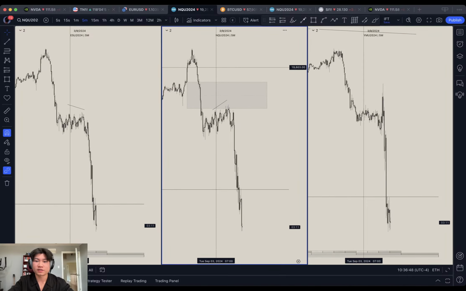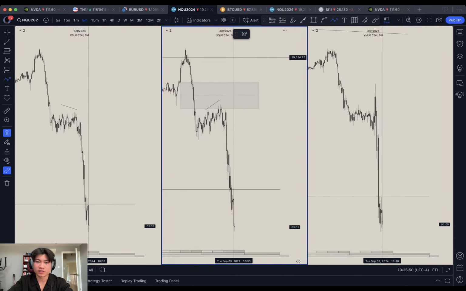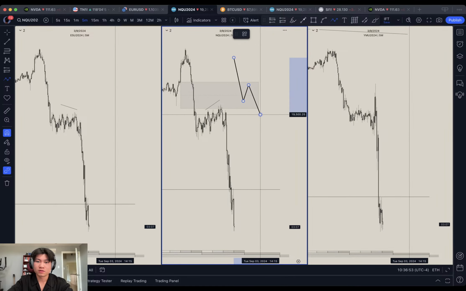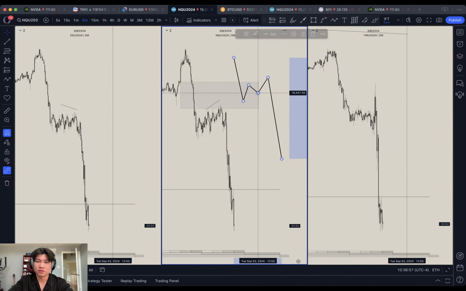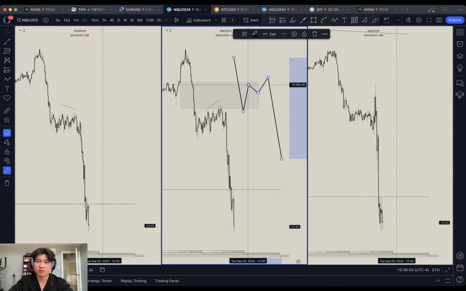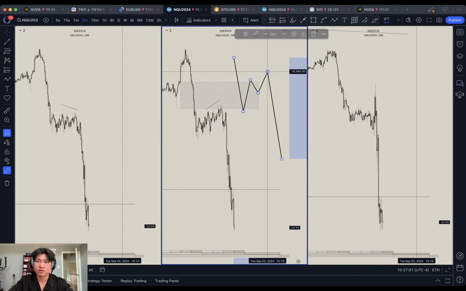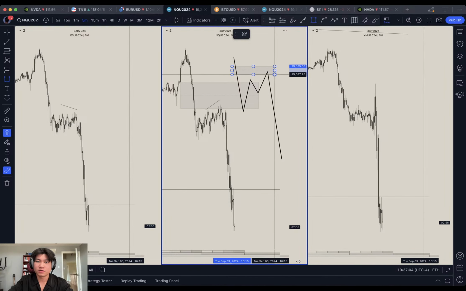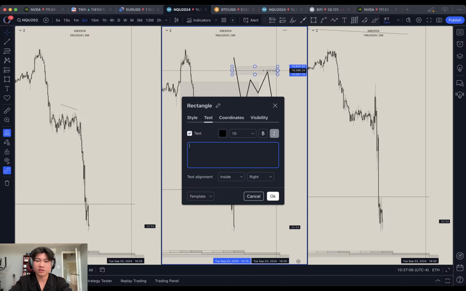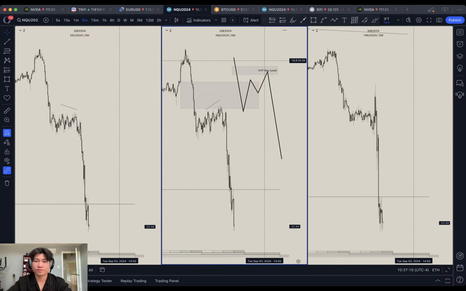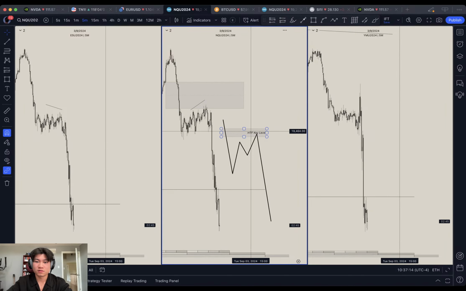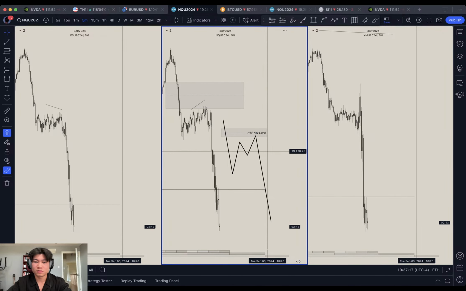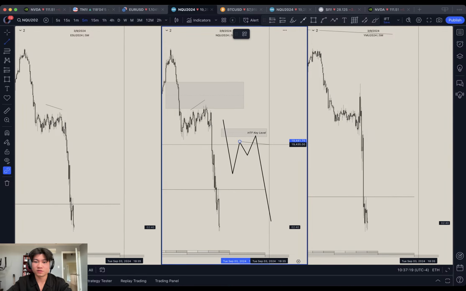And so there's a schematic that I draw for you guys pretty much every week. Every day, every week. Higher time frame key level. Lower time frame SMT.